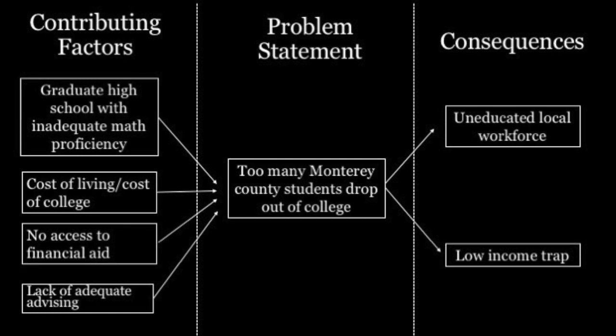Many of these students graduate high school with inadequate math proficiency, and they cannot catch up in college, and that's why they may end up dropping. Another contributing factor may be the cost of living in Monterey versus the cost of college. It costs too much to live here and go to college when you have to work 2 or 3 jobs to sustain yourself to finish it.